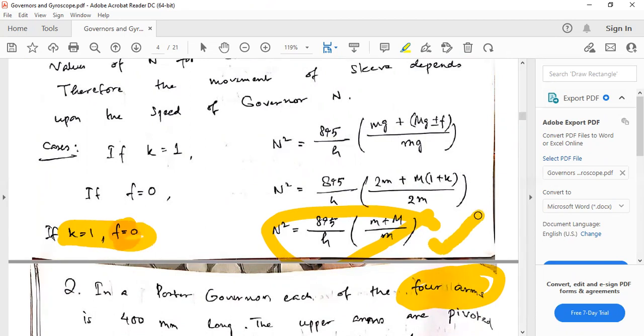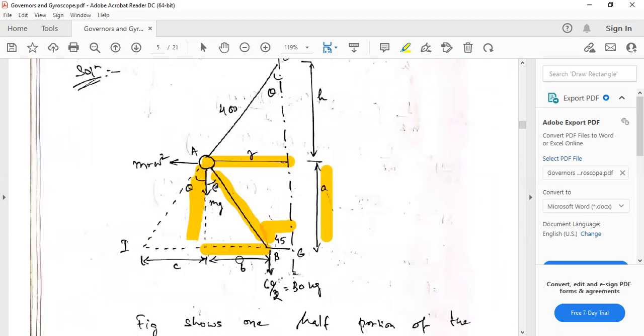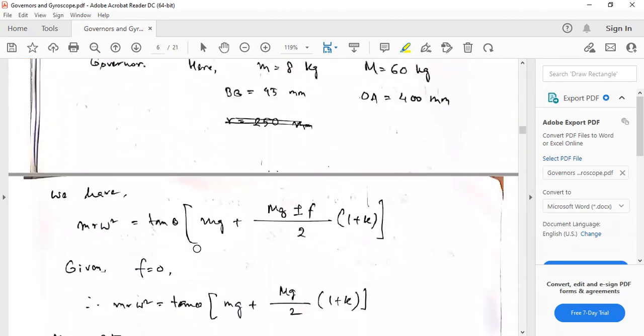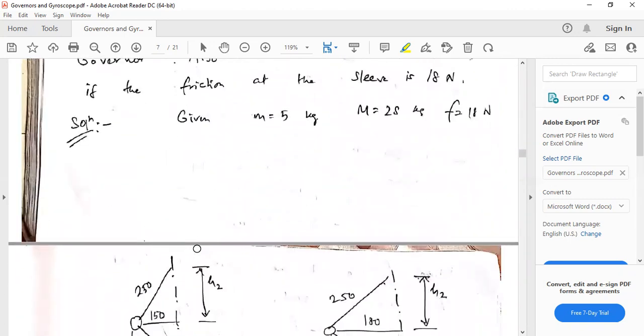So we'll consider this formula to solve. N is not given, we have to calculate N. We have to find it at sleeve radius 150 and 180 both. So let's go through the problem.